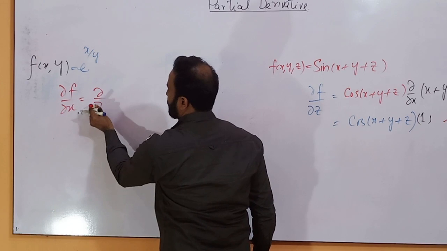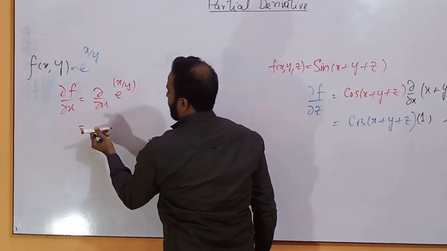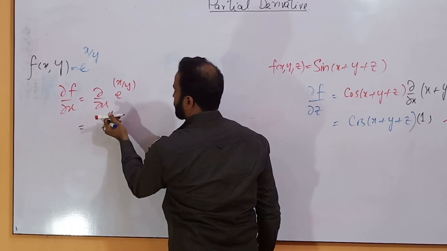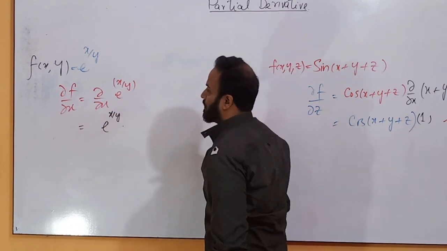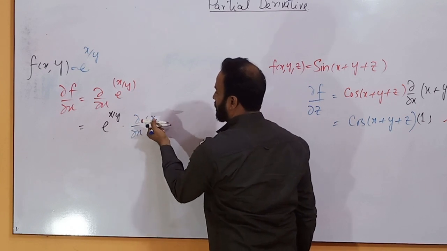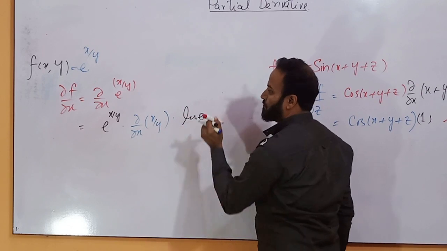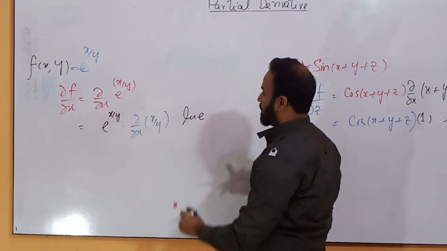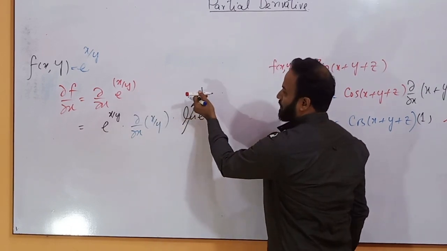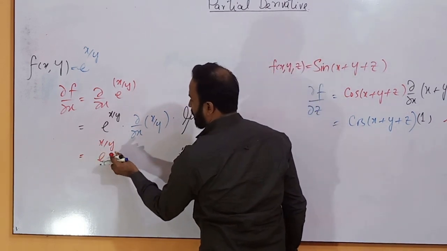So partial over partial x of e to the power x over y, keep it as it is, and then take the partial derivative of the exponent. The natural log of the base e, log e, is equal to 1, so e to the power x over y.